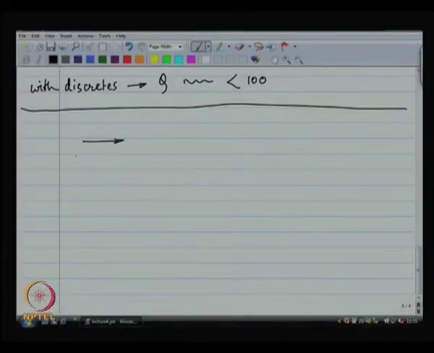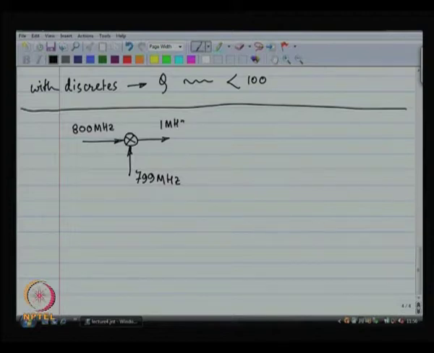So, instead of trying to resolve 200 kilohertz channel spacing at 800 megahertz, we mix the frequency down. Let us say I bring the frequency down, I mix it with 799 megahertz. Okay. Then the new center frequency becomes 1 megahertz, and at 1 megahertz it is very easy to resolve a channel spacing of 200 kilohertz, because all I need is a Q of 5.